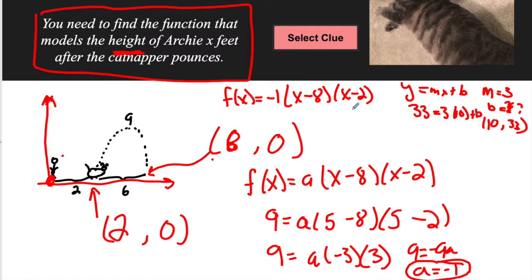Okay, so this will ensure that the intercepts are 2, 0, and 8, 0, the x-intercepts, and this will ensure not only that it points downward as it's supposed to, if you think about the jump in reality, not jumping like this, jumping like this.